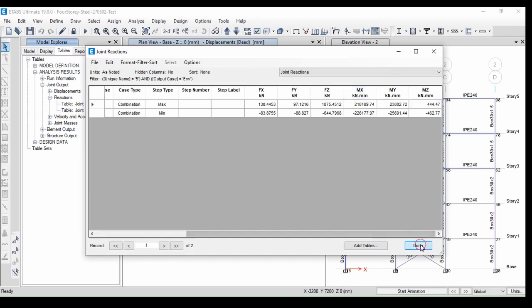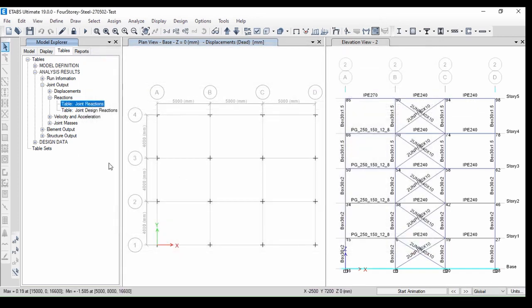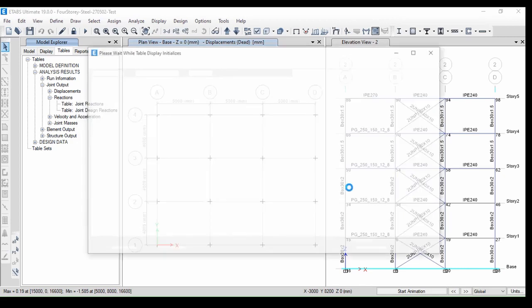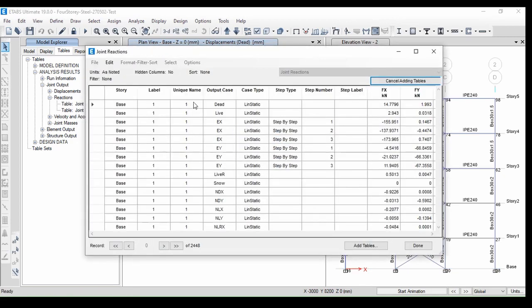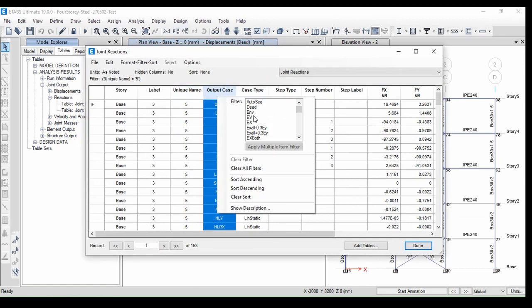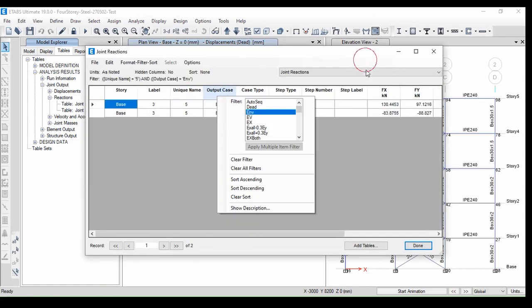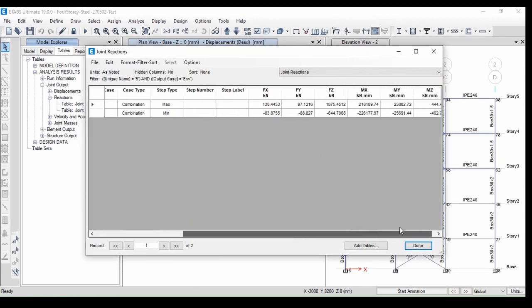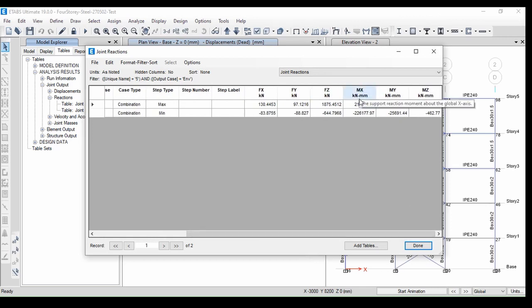Kilonewton millimeter. Before that, okay, let's change the, okay. MX is moment about x-axis.